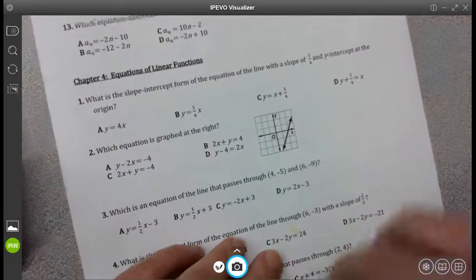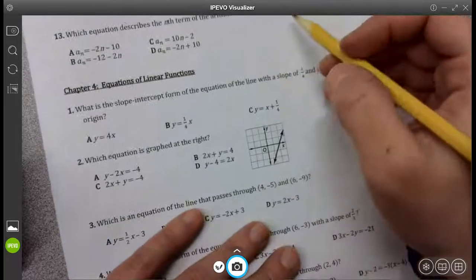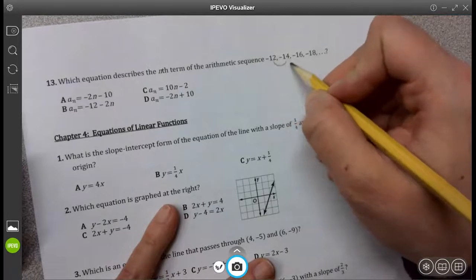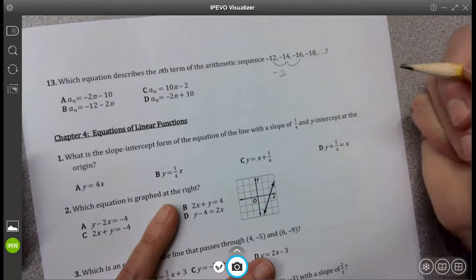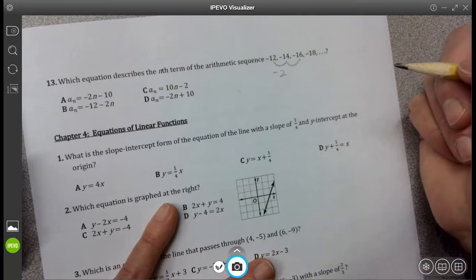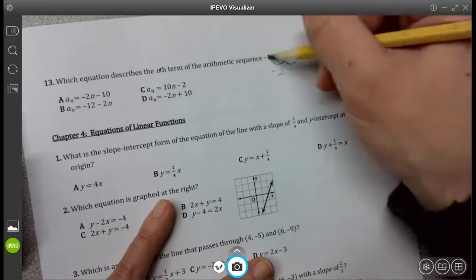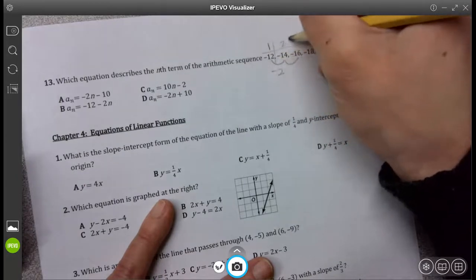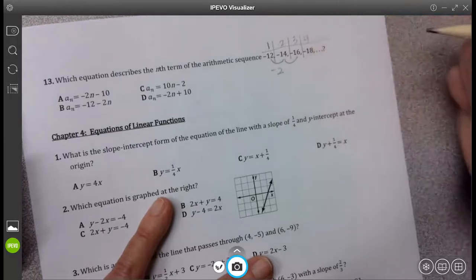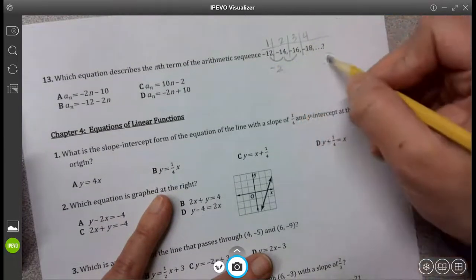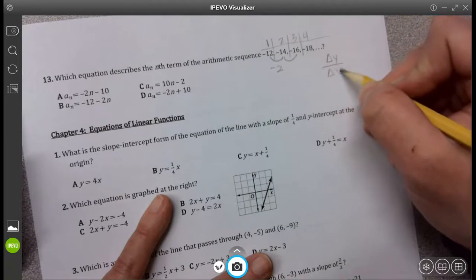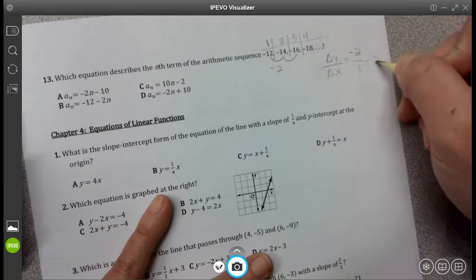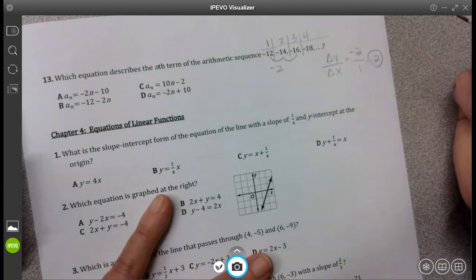Which equation describes the nth term of the sequence? Meaning, what describes the nth term if I was trying to find any term? So what do we do every time here? We're subtracting 2. That's our rate of change. If these are our outputs, our inputs were, this is the first term, this is the second term, this is the third term, this is the fourth term. So your change is subtracting 2 over adding 1, negative 2.